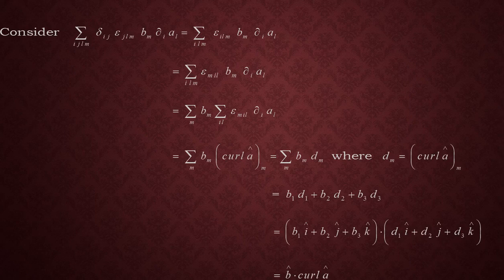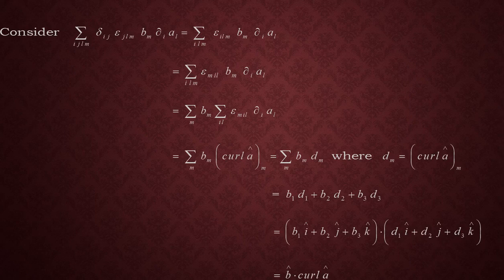Observe that we have replaced j with i and we are left with only 3 indices. Here the indices i, l and m take the values 1, 2, 3.